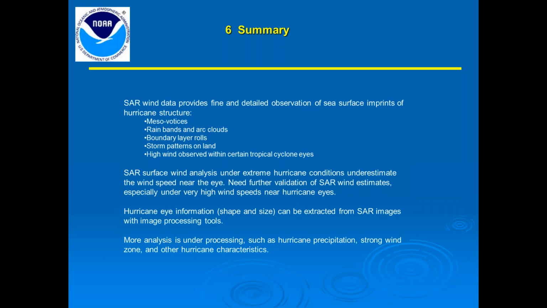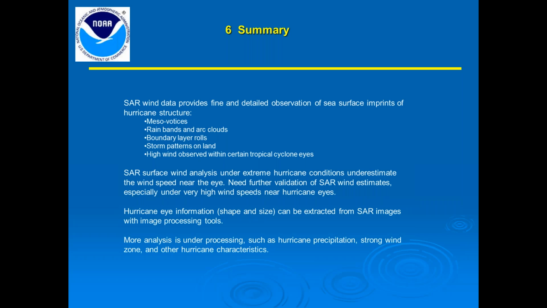Okay, and ocean surface wind under hurricane conditions is one very, very difficult parameter to measure, regardless of what type of instrument you use. But SAR does offer promising techniques that we can use to resolve those high-resolution surface winds within the hurricane system.